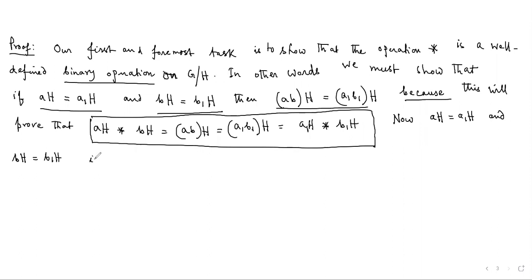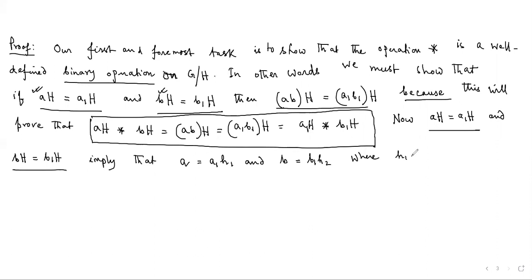This implies that, because I told you that I will start from here, if I consider that AH equal to A1H and BH equal to B1H, this implies that the element A is equal to A1H1 and the element B is equal to B1H2, where H1, H2 belong to capital H.